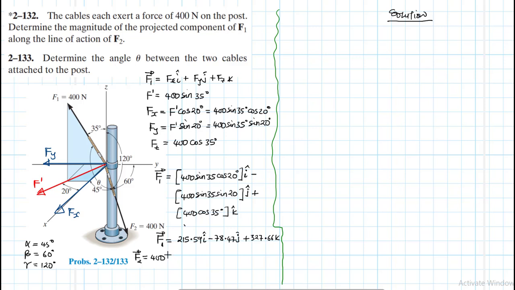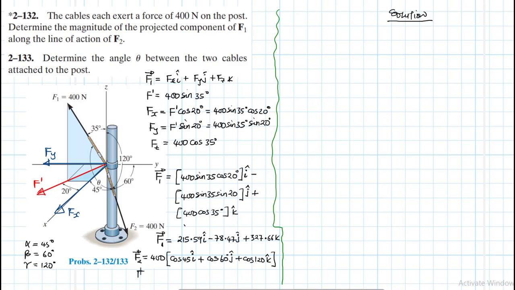Okay, so 400, then we are going to multiply by these particular angles so that we get components in the respective directions, which are x, y, and z. So in the x-axis we said is 45, so cos 45 i plus cos 60 degrees j plus cos 120 k.